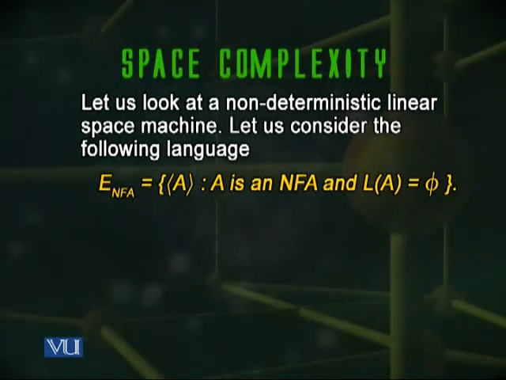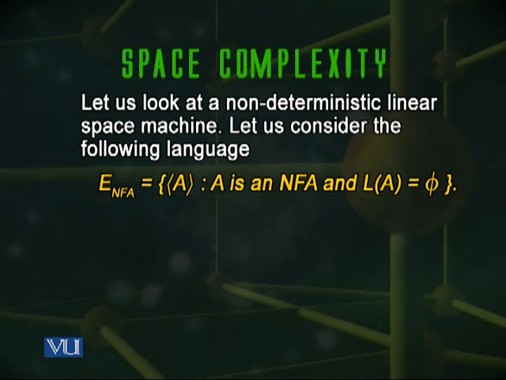We start with the language, which is the emptiness language for non-deterministic finite automata. This language consists of all descriptions of NFAs such that the language of these NFAs is empty. So this language consists of descriptions of all NFAs which do not accept anything.